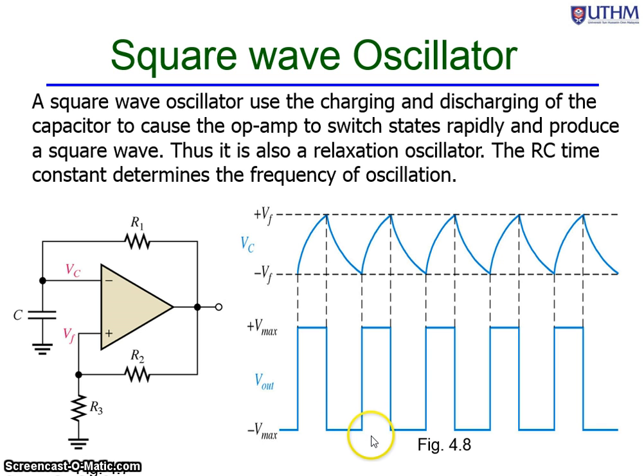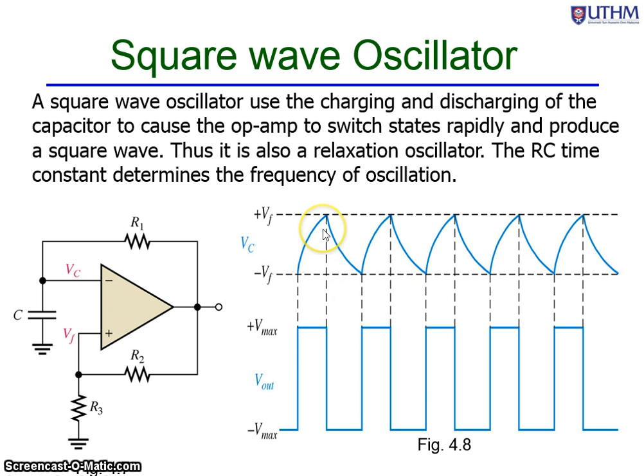When the output is negative, it is more negative compared to this terminal, so C will be discharging its value through R1 right here. Once VC is less than VF, since VF is at the positive terminal, your output goes positive again.